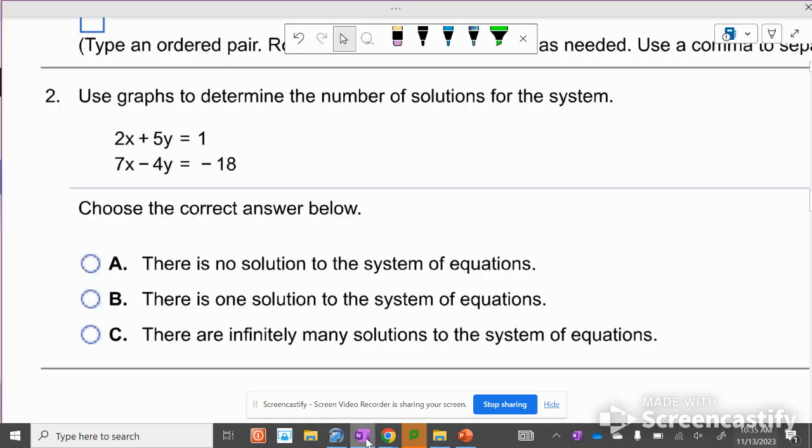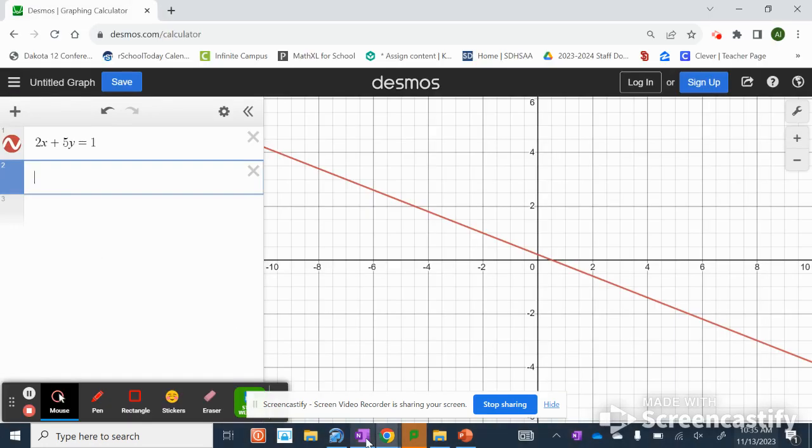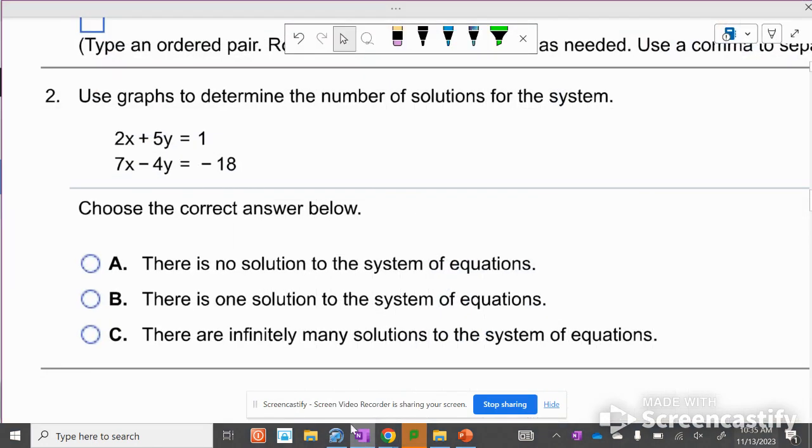And it's 7x minus 4y equals negative 18. And look, you can find exactly where they cross right away at negative 2, 1. Okay? So that might be a little easier than your graphing calculator for some of these if you use Desmos. There is one solution because it's where they cross.